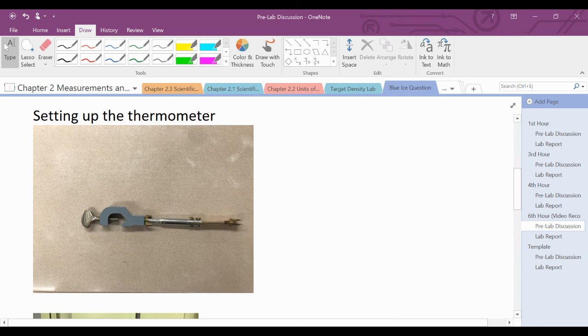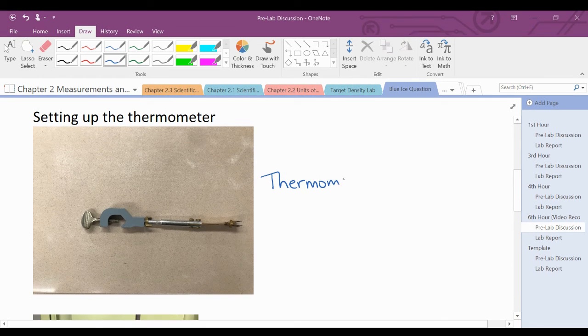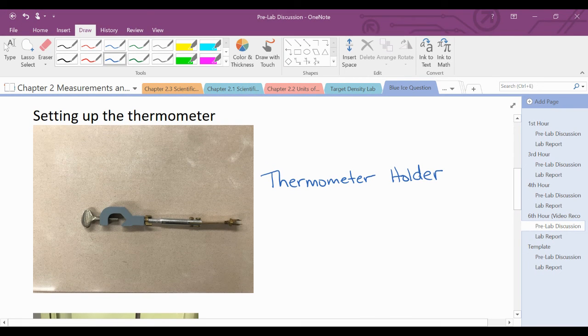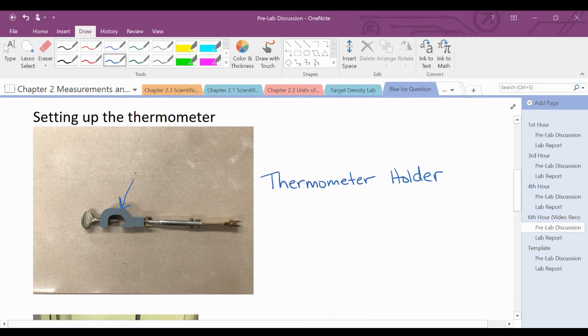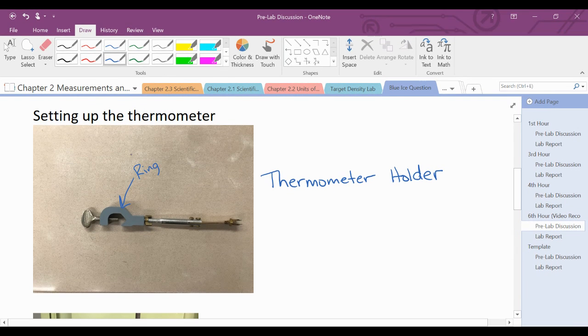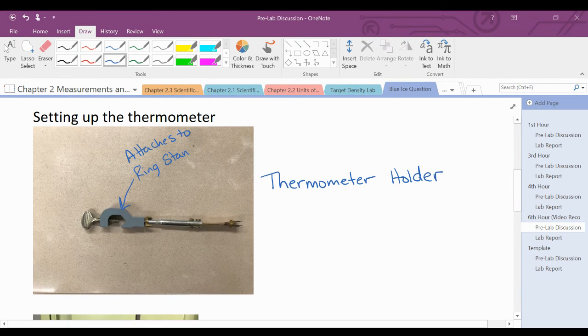So this is a thermometer holder. And this part goes onto the ring stand. And your thermometer goes here.